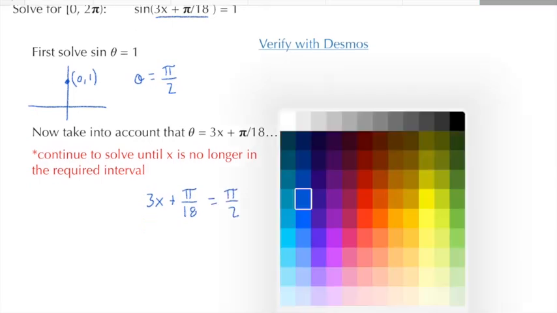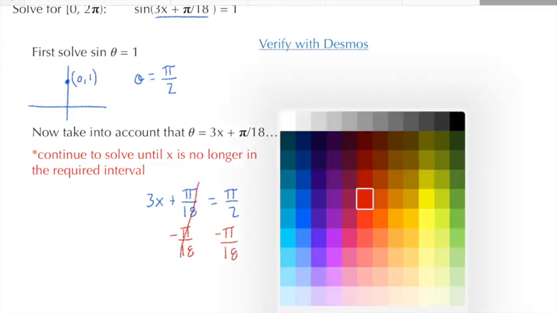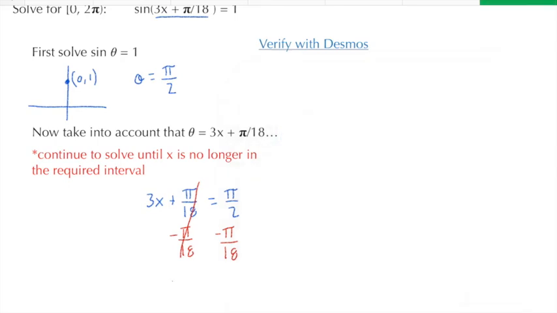To do that, I'll begin by subtracting pi over 18 from both sides. That's going to require you to get a common denominator. The pi over 2, you're going to have to think of as 9 pi over 18. Subtracting pi over 18, you'll end up with 8 pi over 18, which reduces to 4 pi over 9.